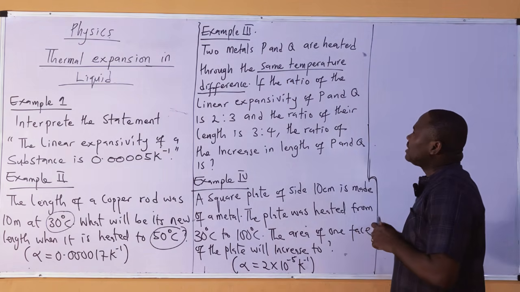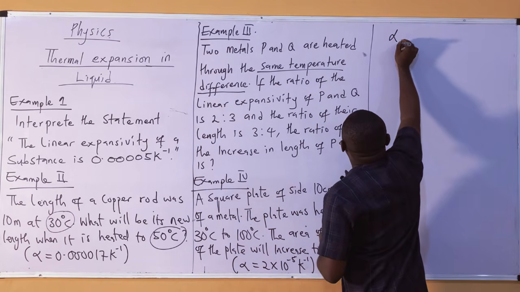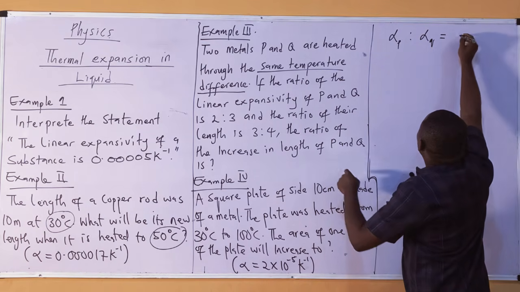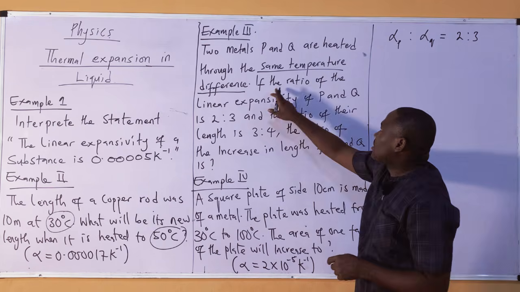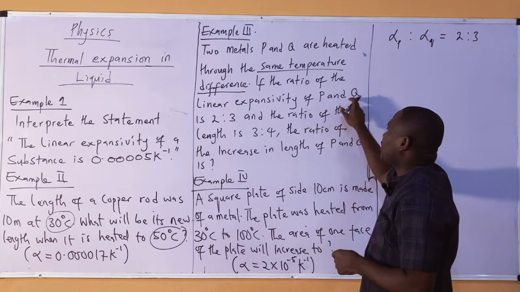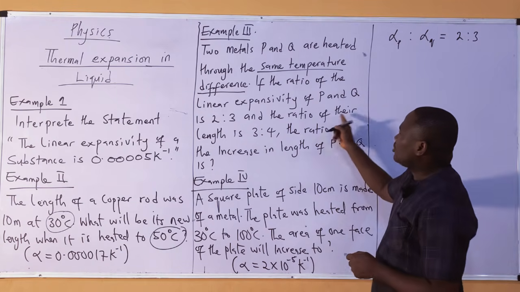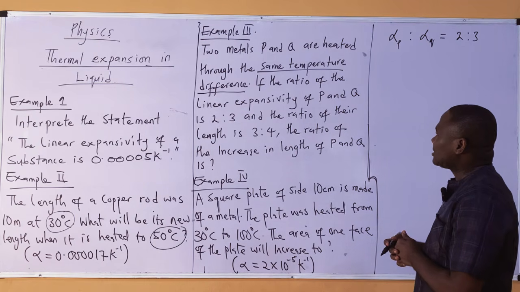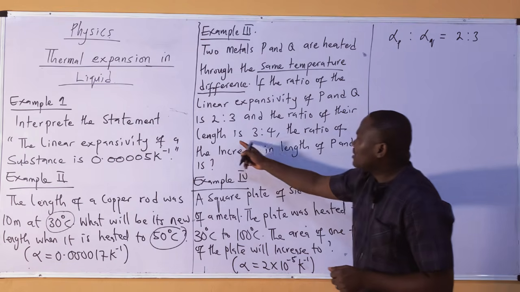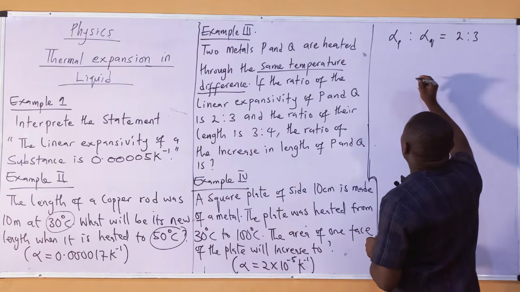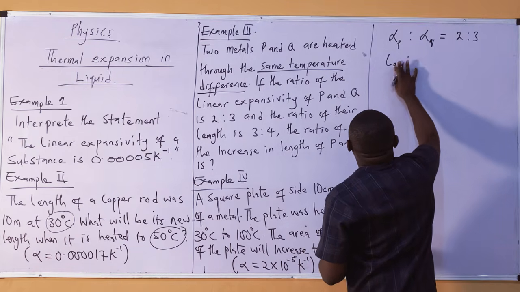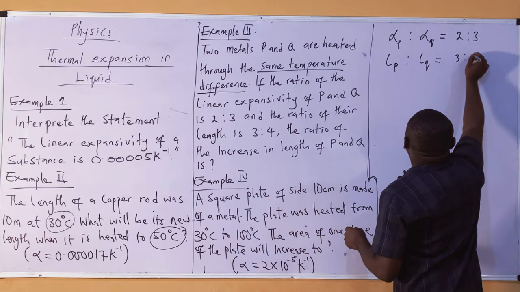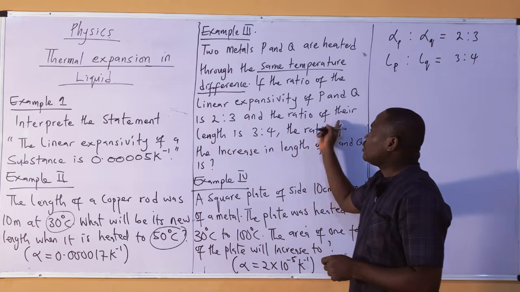If the ratio of linear expansivity of P to linear expansivity of Q is 2 ratio 3, and the ratio of their original length is 3 ratio 4, so LP ratio LQ is equal to 3 ratio 4.